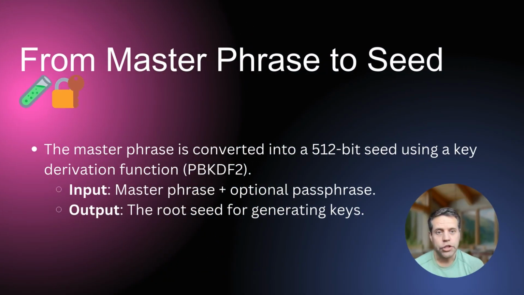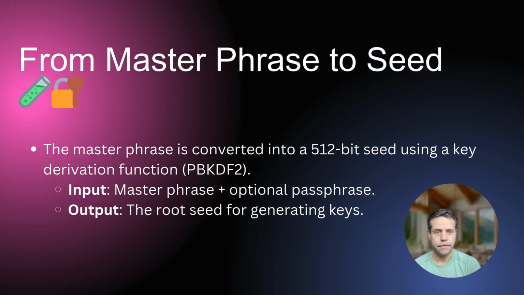So now the question is, since the master phrase is usually written somewhere in your notebook, etc., and can be stolen, so you have to have physical security around it, make sure it's not stolen. Can you protect the master phrase somehow? Yeah, so a lot of the wallet applications allow you to enter an additional passphrase.